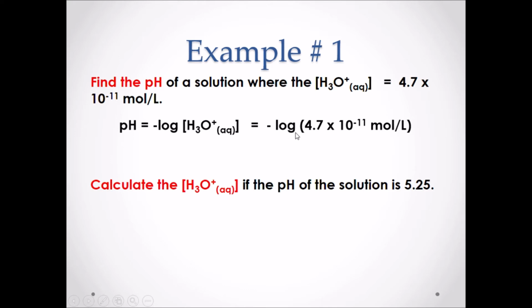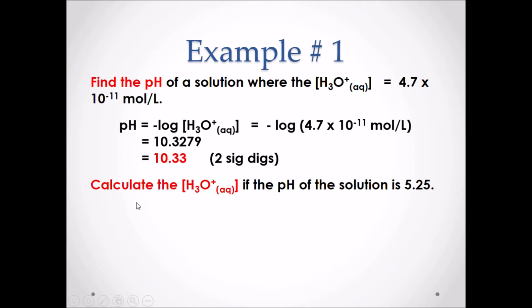So if we take the negative log of 4.7 times 10 to the negative 11th, we get a pH value of 10.33. 2 significant digits for our answer, which is the decimal 33, and that is coming from the 2 significant digits that we are starting with in the question.